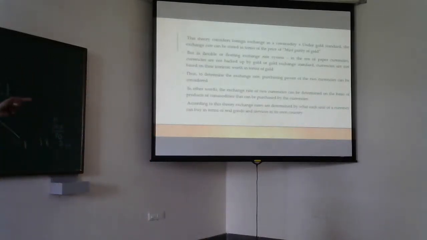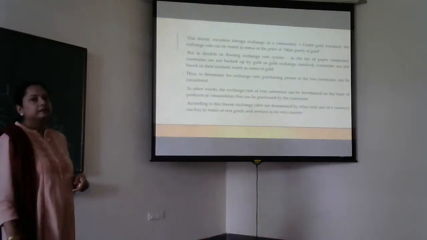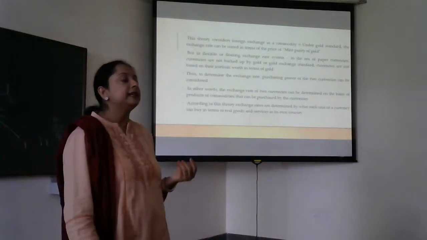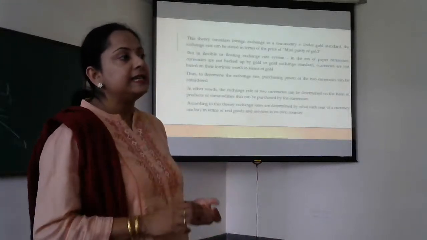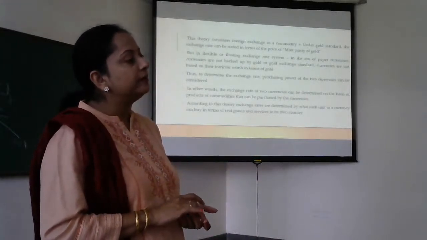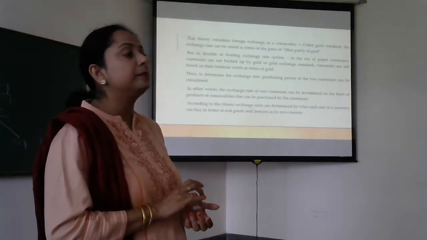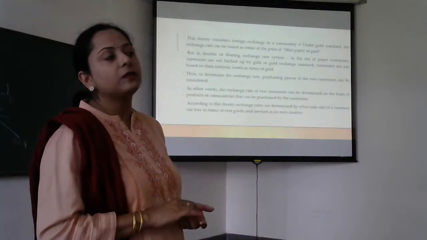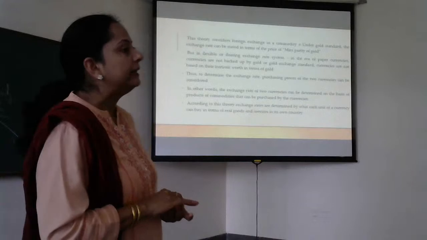But in the flexible and floating rate system, it completely depends on the currency. So we are basically looking at what level of movement of the currency is happening at the international level and how much foreign exchange any particular country is able to maintain. On the basis of that, the value of the currency for that particular country is determined.